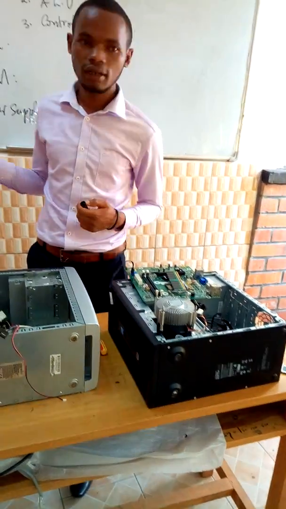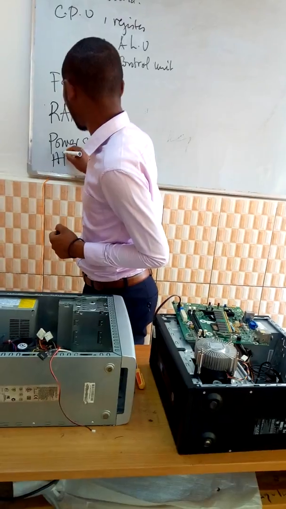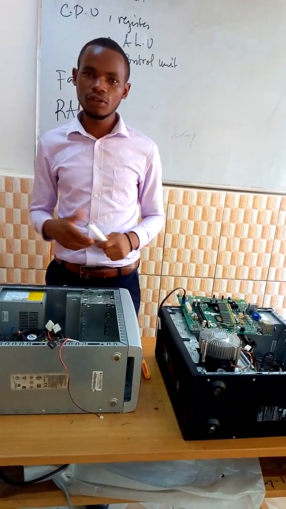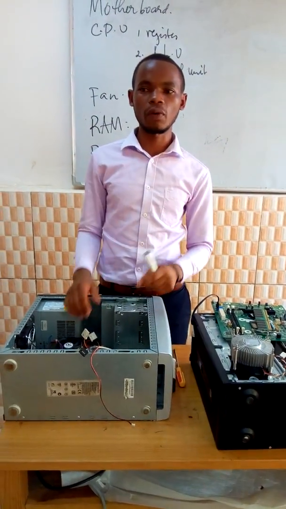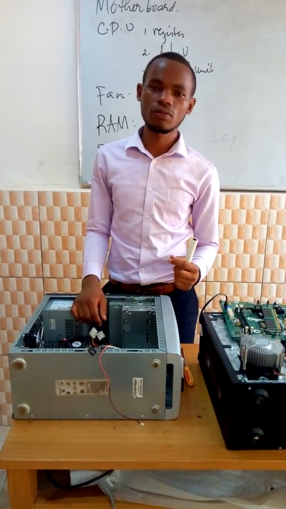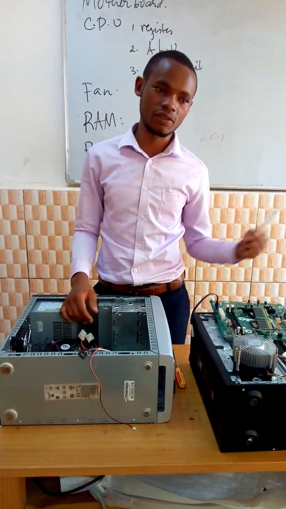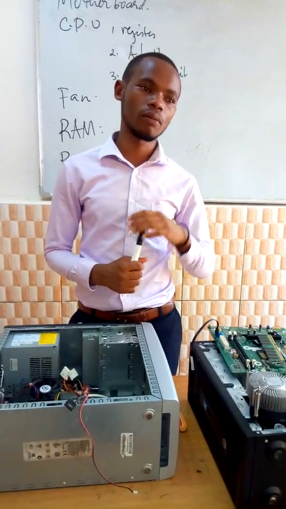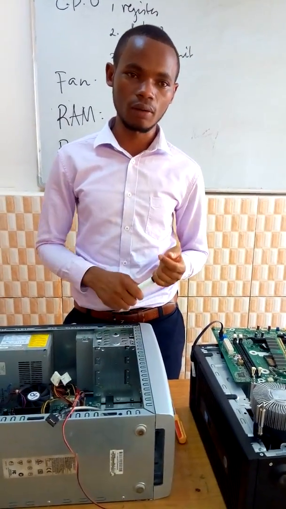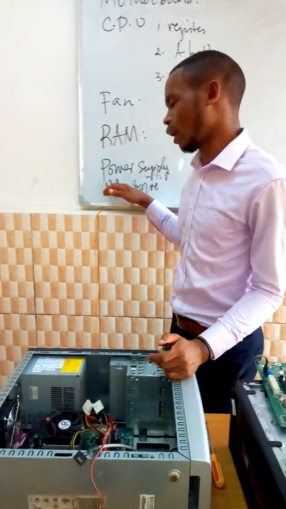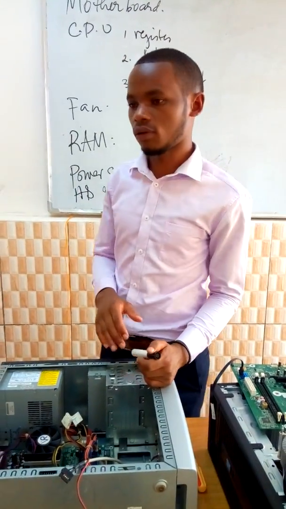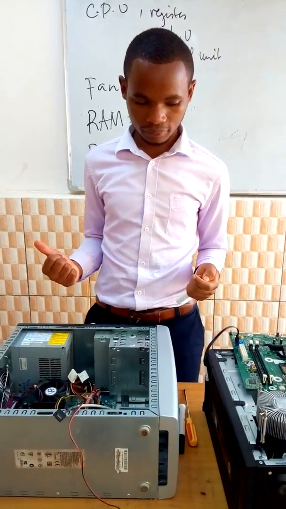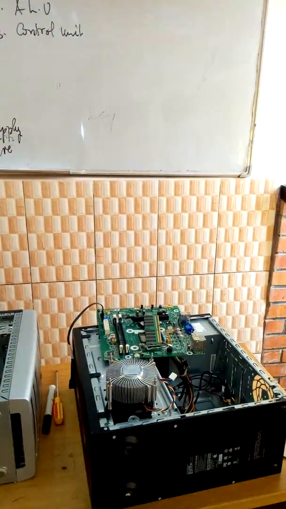Let's talk about the hard drive. To use the computer you need installed programs, and those programs must be stored or kept somewhere. So the device in charge of storing those programs or permanent data inside of the computer is called the hard drive or hard disk drive.